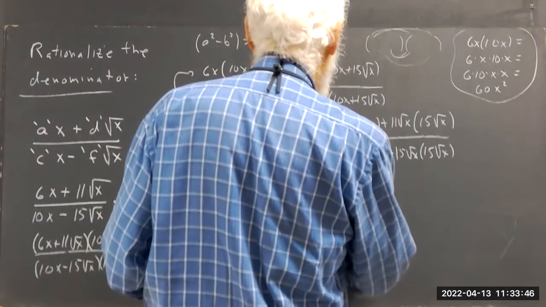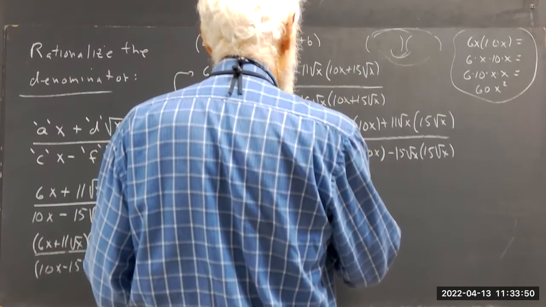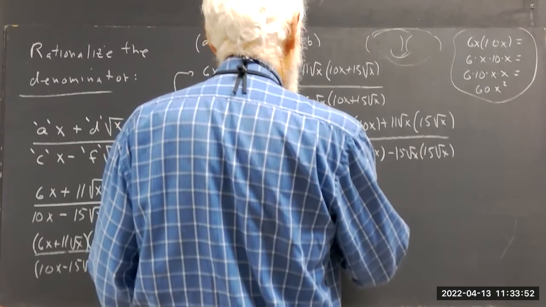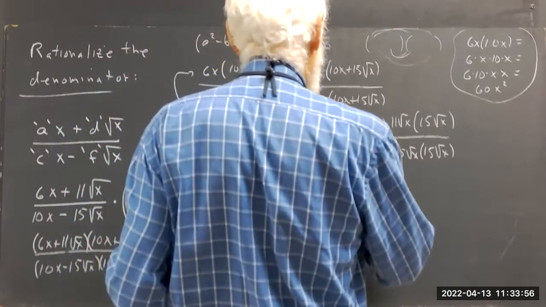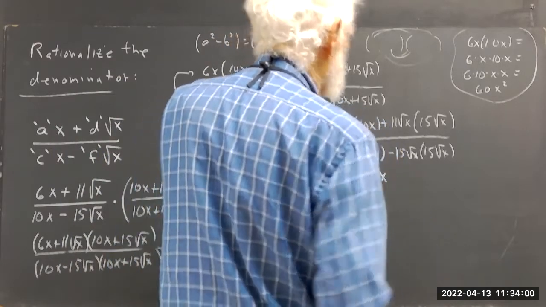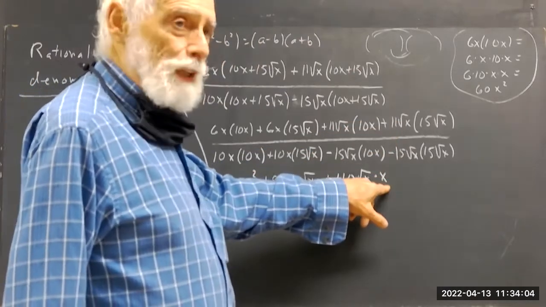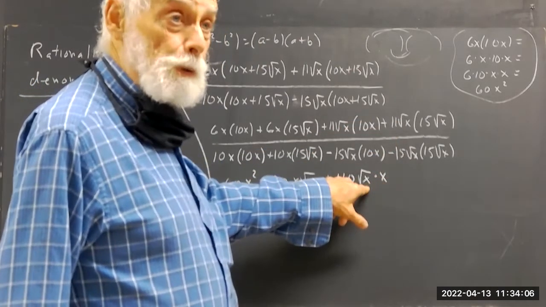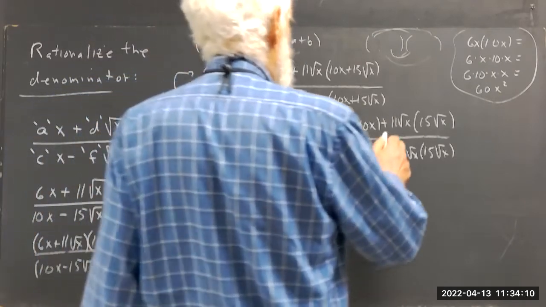That is a little small, maybe a little bunched up. 11 times 10 is 110. Square root of x times x. And I want to write a dot or a parenthesis here to make sure that I don't accidentally see this x as being under the square root. Okay? Because it's not.